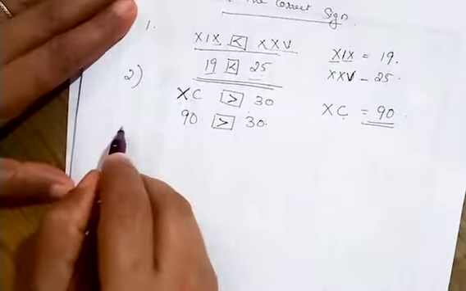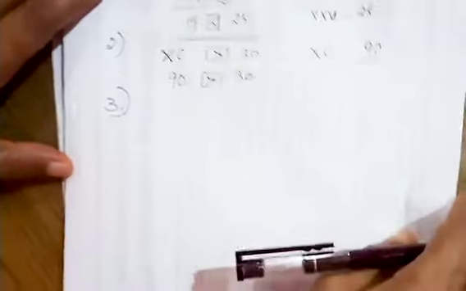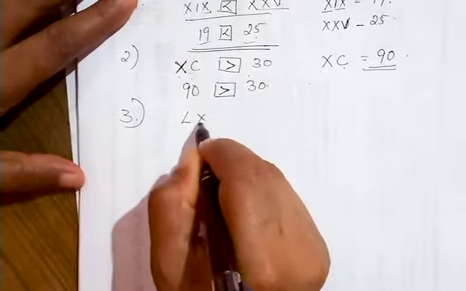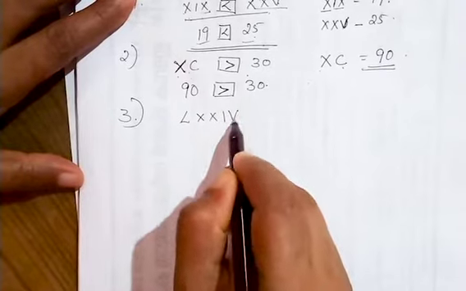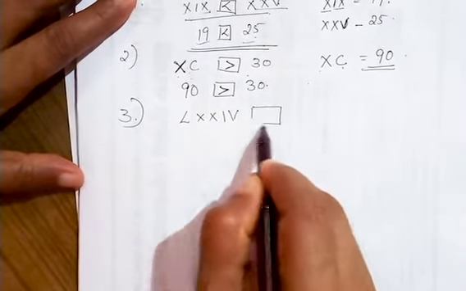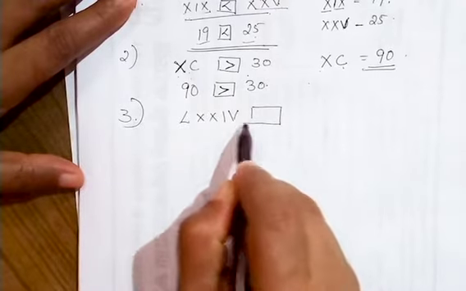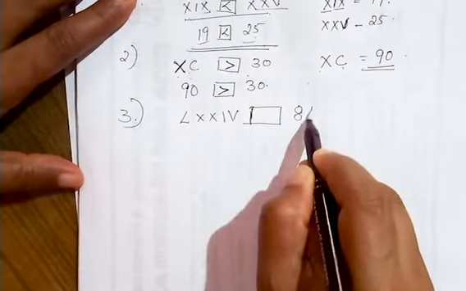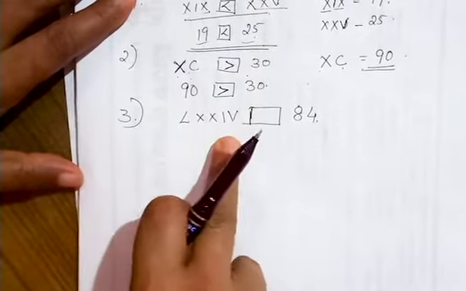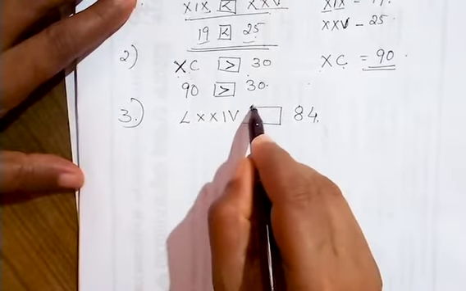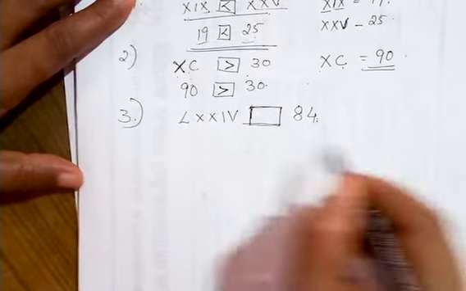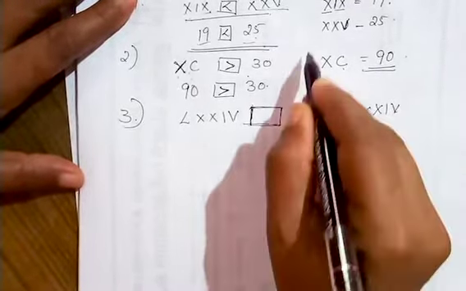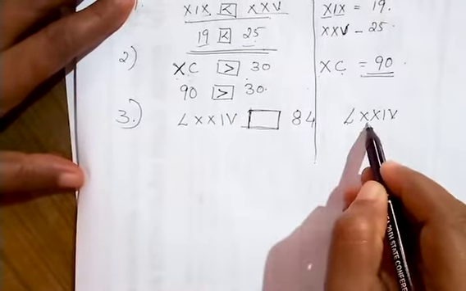The next one, here, LXXIV, here is the missing box, and 84. We want to find what is LXXIV.